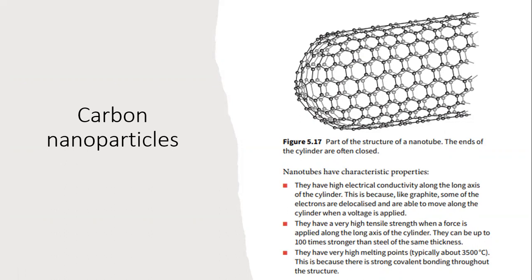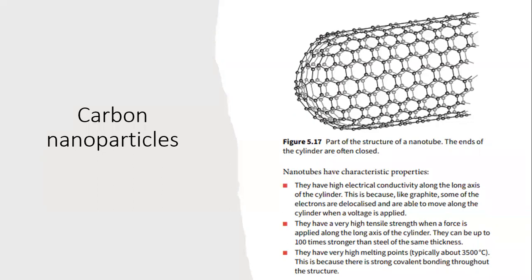When we talk about the properties, they have high electrical conductivity. The reason is that you just have one layer. This is not a simple molecular structure, so there is no fixed number of carbons, just atoms of carbon. You don't have any molecules present. Since the electrons are delocalized and present in just one single layer, they are able to move from atom to atom, giving high electrical conductivity.